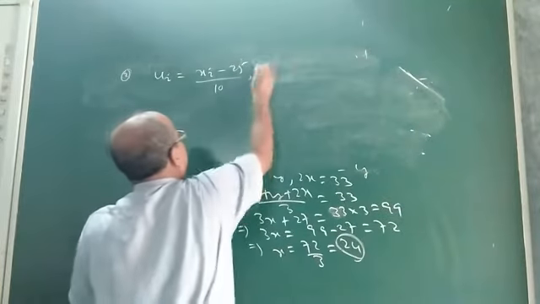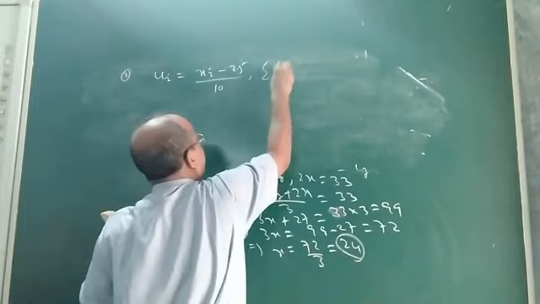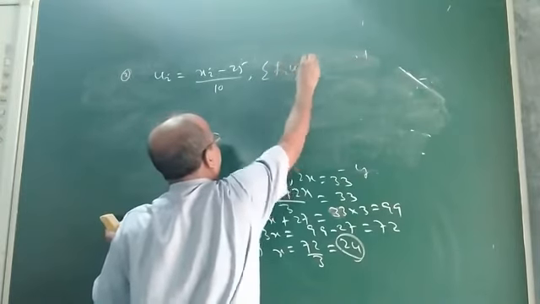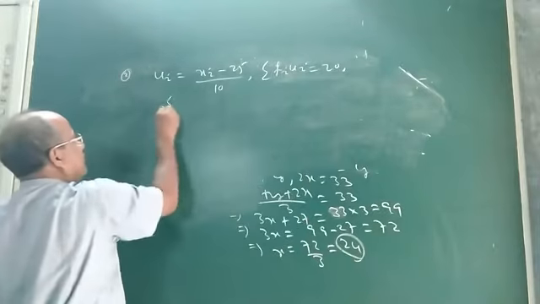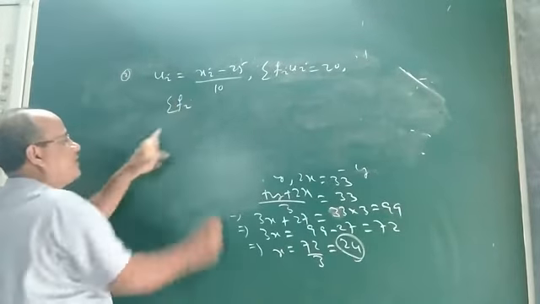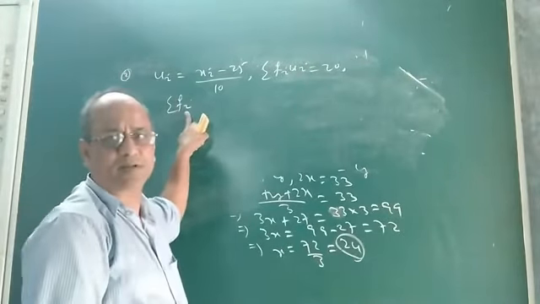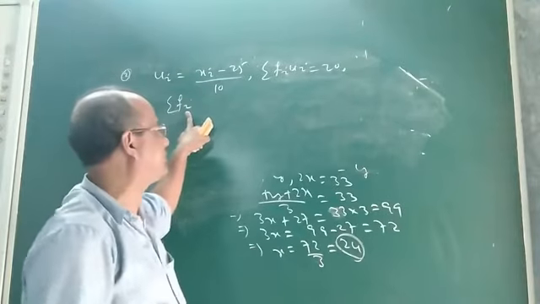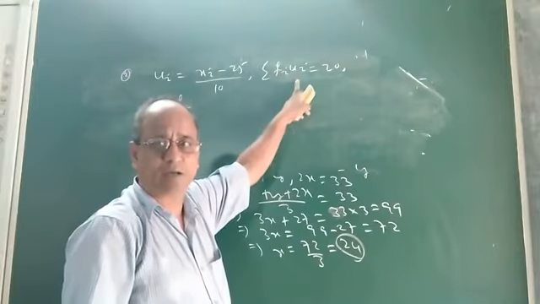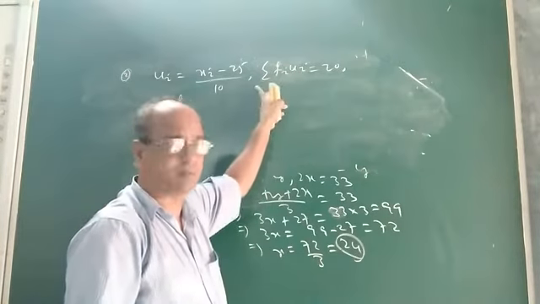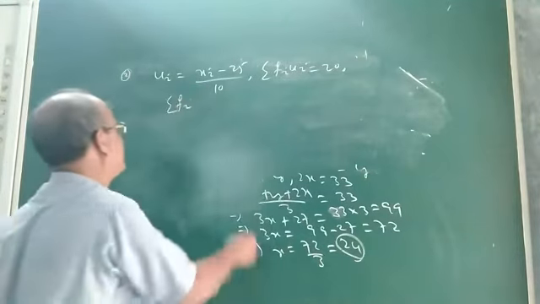Then sigma fi ui is given as 20. Summation of fi means the sum of frequencies. You know what the step deviation method is. Then summation of fi into ui means the summation of the product of fi and ui. It is given as 20, suppose.